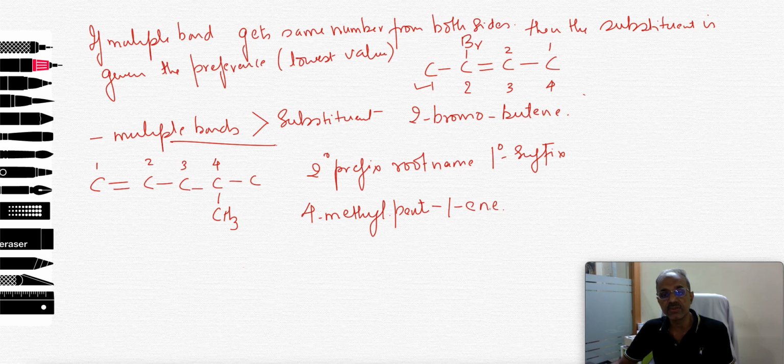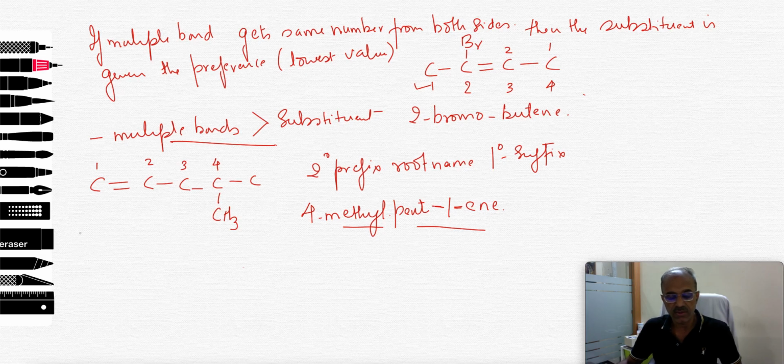As I told you in the previous lecture, when a numerical number is separated by alphabetical, then it is separated by a hyphen, right? In pent, the A and E is removed and then it is substituted by the concerned suffix. So 4 methyl pent 1 ene.